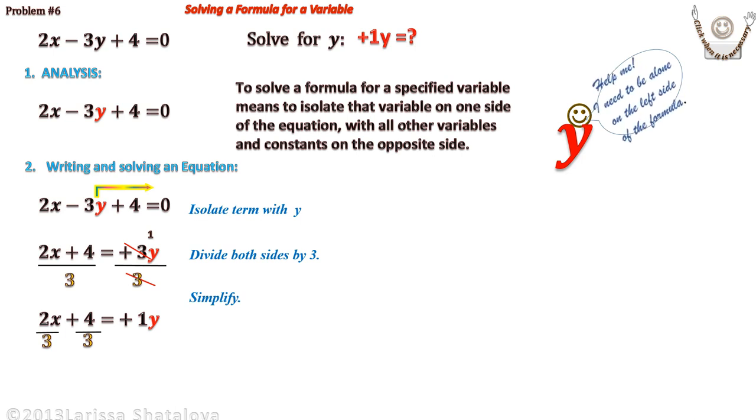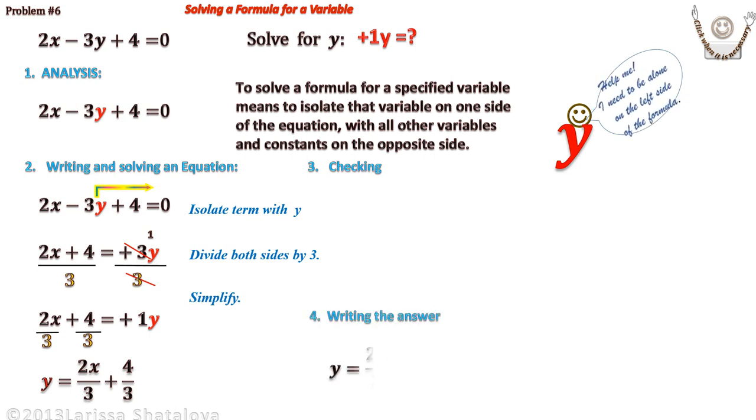Or we can turn around and show y is 2x over 3 and positive 4 over 3. Checking is a good idea, but not always necessary. So I skip this time, and now we can write the answer. y is 2x over 3 and positive 4 over 3. y is an expression. This is what we expect.